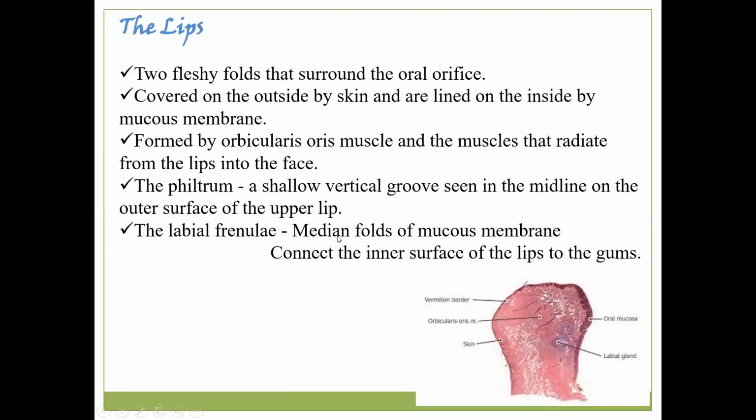Then we come to the lips. So the lips are two fleshy folds. They are very fleshy folds. They surround the oral orifice, the orifice of the mouth. The shape of the lips differs from individual to individual, and the color is mostly pink, but it can be slightly different from individual to individual.